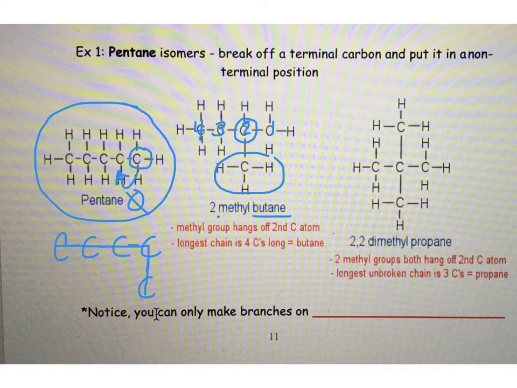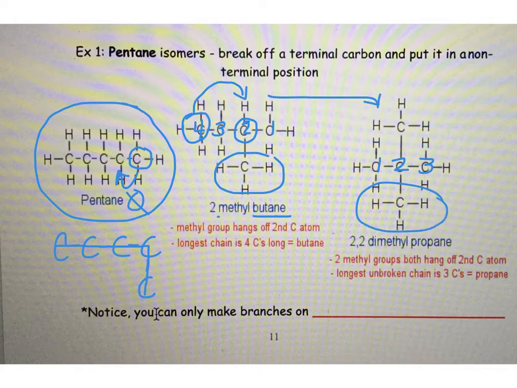All right. I can now remove a second carbon. So let's say I remove this end carbon from here and I move it over here. That will create this molecule right here at the end. So now it doesn't matter which way I number, left to right or right to left, because they are both on the middle carbon.